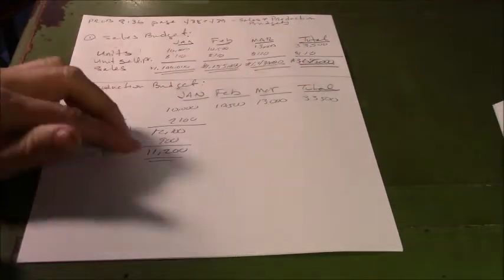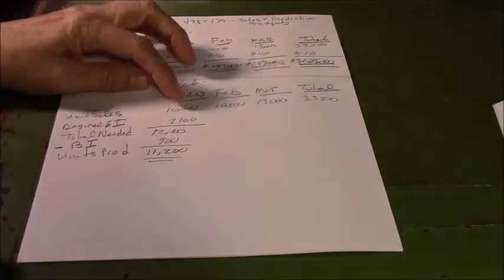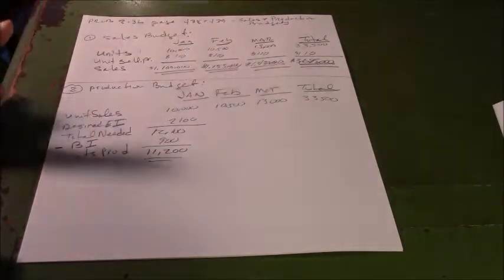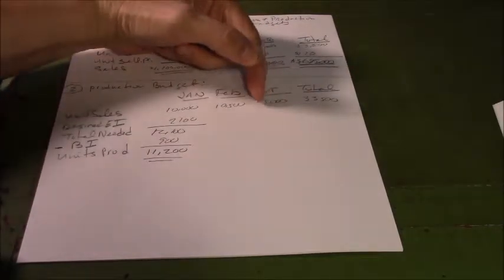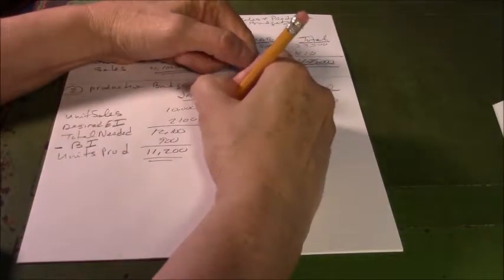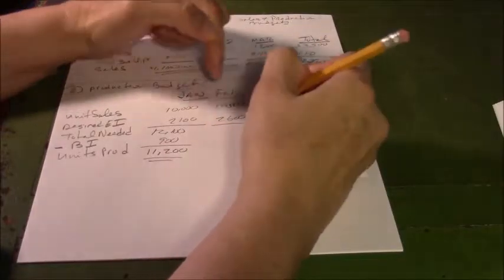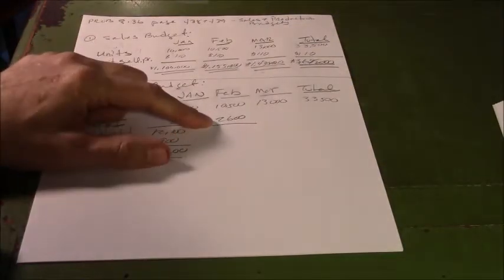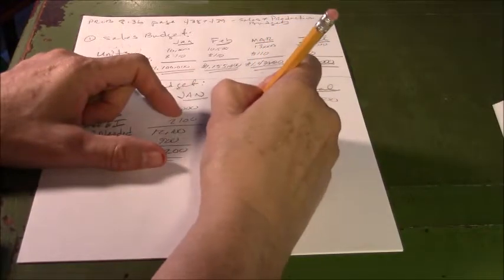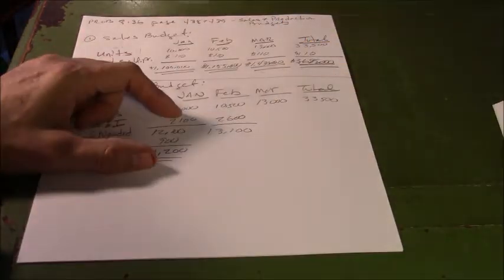So now I go to the next one, right? So I know that I need 10,500. I know that my desired ending inventory is 20% of 13,000, which is 2,600, right? So 10,500 plus 2,600 is 13,100, right?